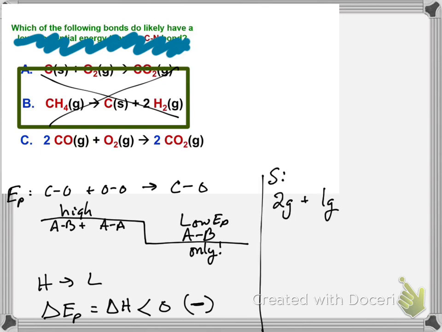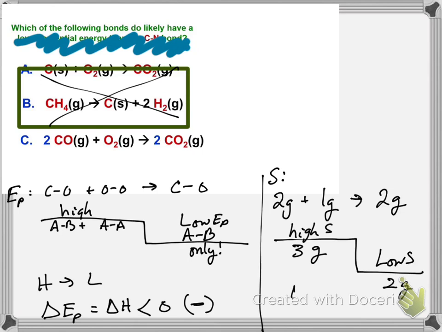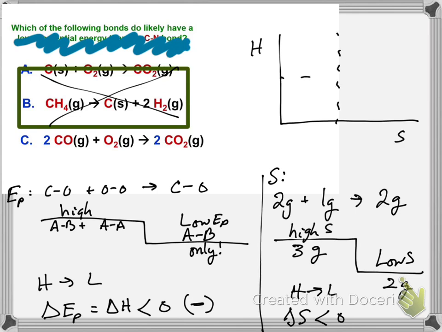We look at the entropic story. We have 2 gas particles plus 1 gas particle making 2 gas particles. That gives us high to low: high entropy reactants going to low entropy products. High to low also means delta S is less than 0. So they're both less than 0. Let's put the products at the low entropy side.